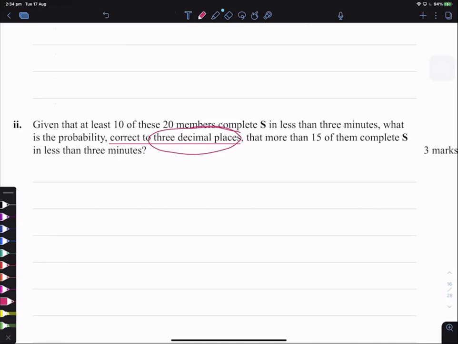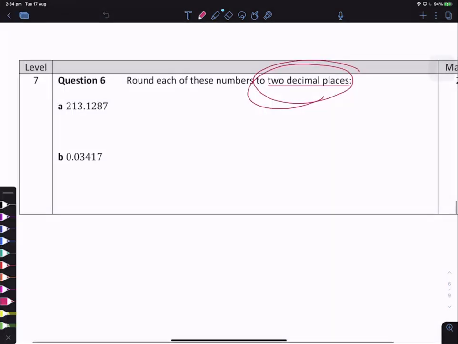If there's one thing that you need to master, if there's one thing that you need to get really, really good at, it's rounding numbers to decimal places. I'm warning you guys now. Next year, you'll do rounding again. In year 10, you'll do rounding again. In year 11, there will be more rounding.